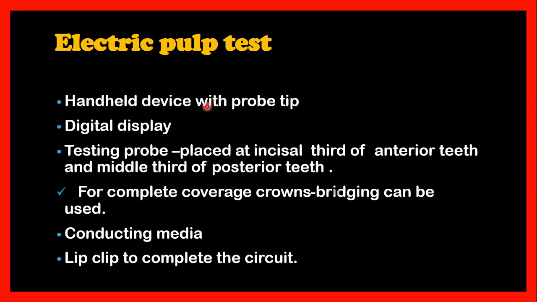Correct. So what is the actual mechanism of working in this electric pulp test? The objective of EPT is to stimulate the intact A delta nerves in the pulp dentin complex by applying electric current onto the tooth surface.